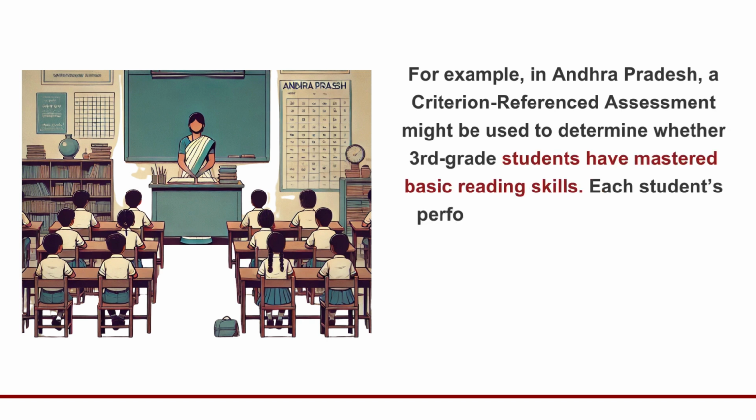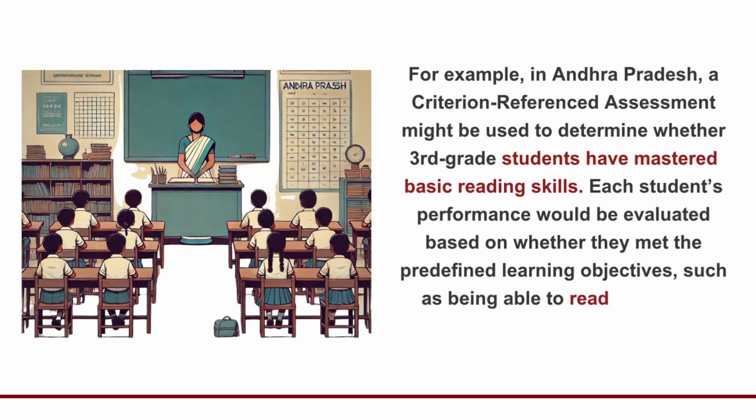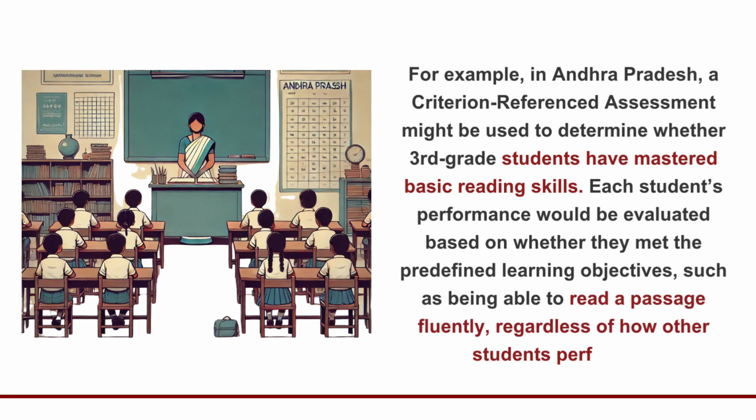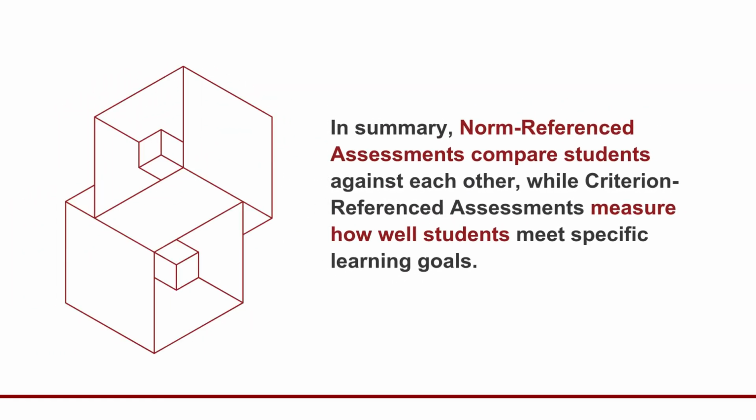Each student's performance would be evaluated based on whether they met the predefined learning objectives, such as being able to read a passage fluently, regardless of how other students performed. In summary, norm-referenced assessments compare students to one another, while criterion-referenced assessments evaluate how well students meet specific learning goals.